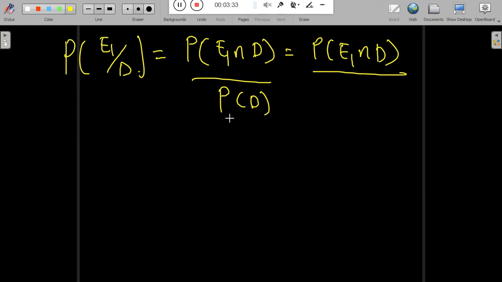It depends on the type of data set that we are given. We have the summation of i up to k over there, then we take the probability of an event intersection D.